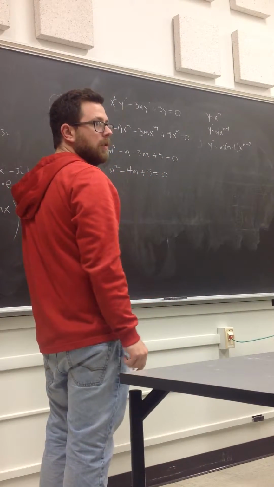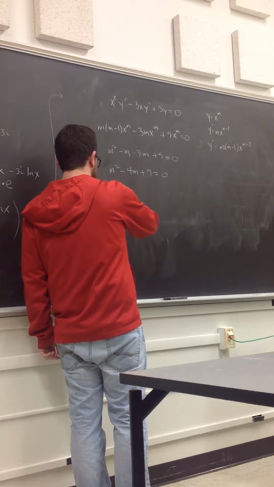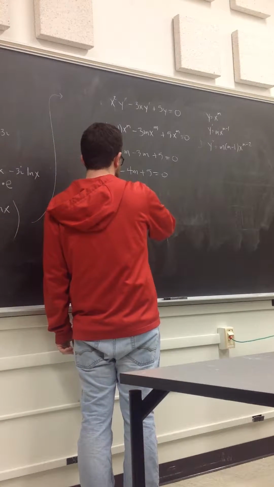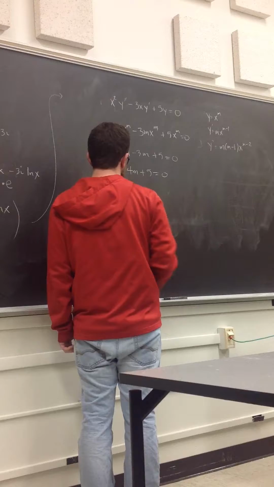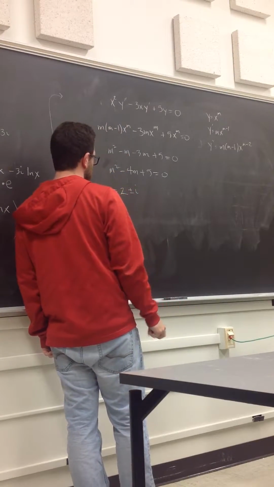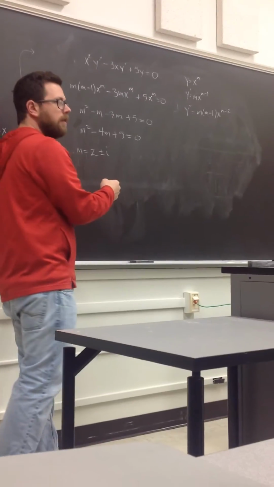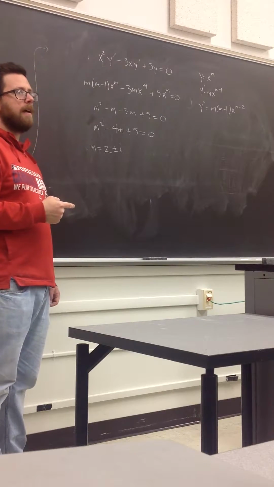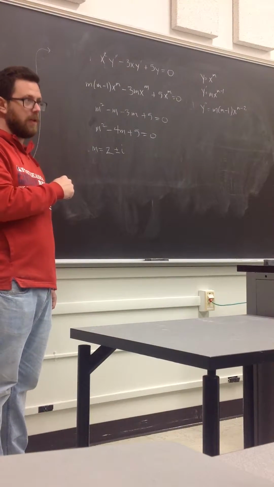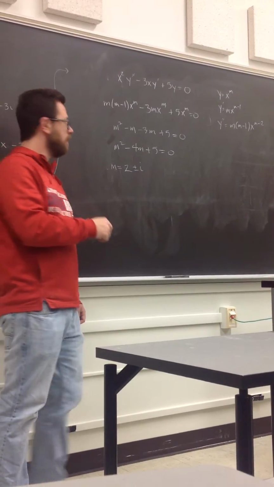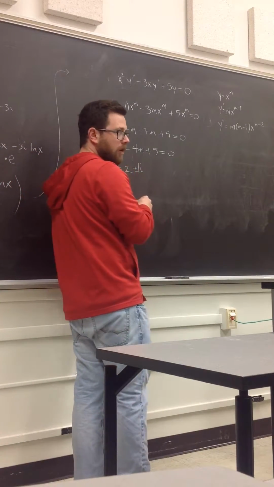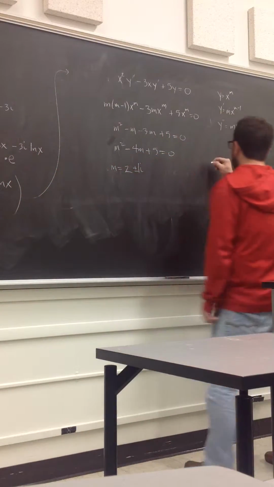Okay, if you want, you can use the quadratic formula: the two solutions are m equals 2 plus or minus i. How do we interpret this? 2 tells us the exponent, and this 1 tells us the coefficient.